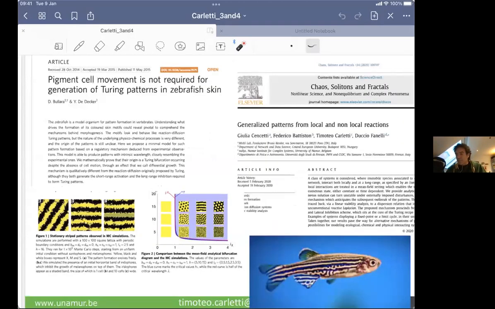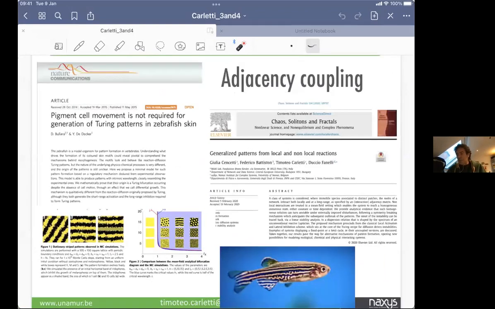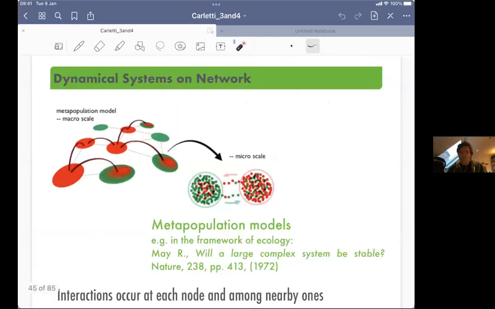Then we have a recent paper with some collaborators. We studied this kind of generalized pattern in a generic reaction system, but without diffusion, only with interaction with the neighborhood. We use once again this idea of metapopulation that I already told you about last time: in each node, you have enough agents to consider them well mixed.